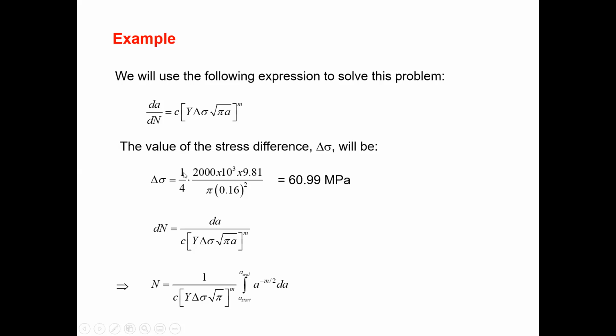As I told you, the load is provided in tons. You need to calculate in Newtons. When you convert tons to kilograms, it is multiplied by 10 to the power 3, and you should multiply by 9.81, the gravitational acceleration. You will get the Newton value.